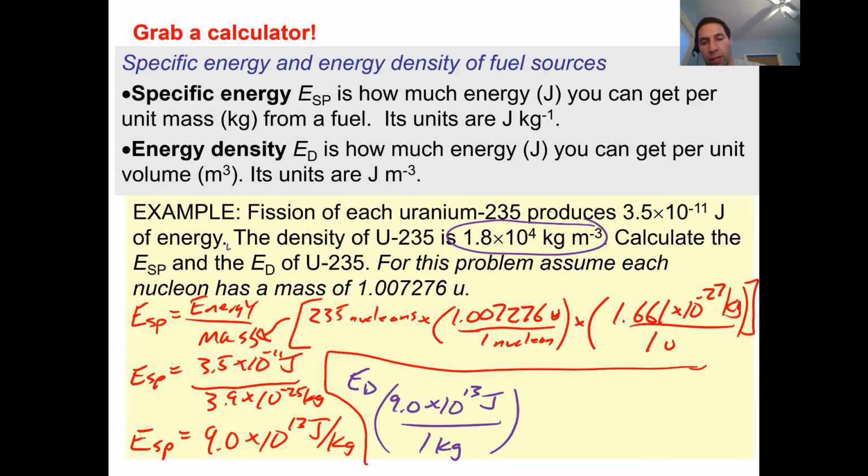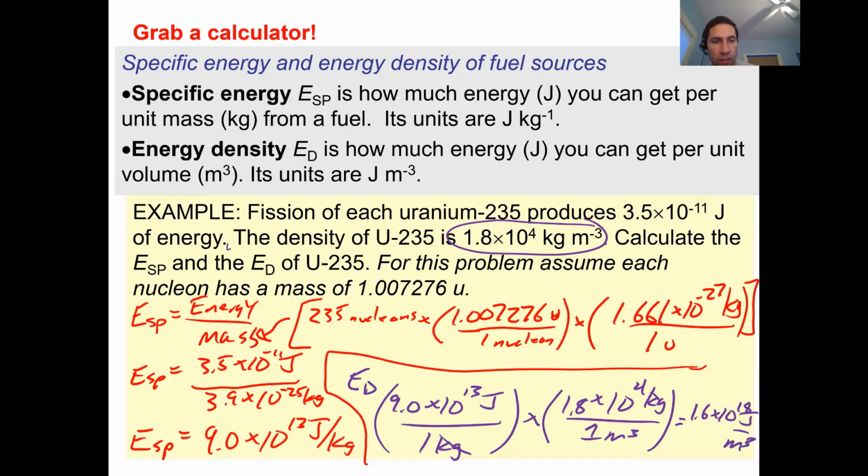So if I just multiply the specific energy by the density of the uranium-235, notice kilograms cancel, and I'm left with joules per meter cubed. And when you calculate that in your calculator, you should get 1.6 times 10 to the 18th joules per meter cubed. By the way, I should have done this up here as well. Nucleon, nucleon, AMU, AMU, just to make sure we know what we get.